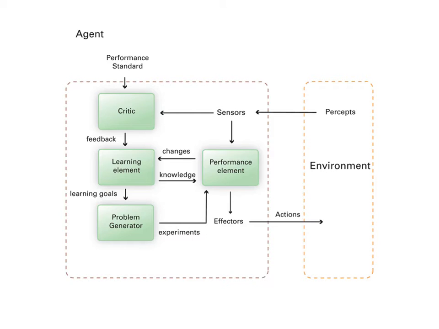The learning element will interact with the performance element to change what it knows about the world, right? It gives back knowledge and it takes in possible changes. And there's also the idea that we might need to create new possible problems to learn about the world around us, things we didn't know yet, right? So that problem generator can give the performance element experiments to try.